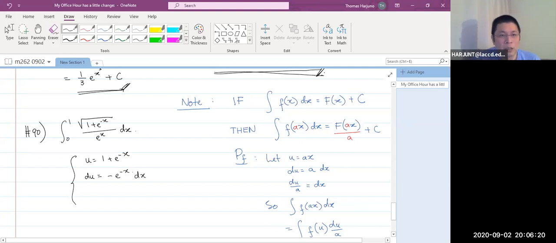But this basically means I can substitute dx over e to the x, that is, e to the negative x dx, as negative du. Right? The product of these two is the same as this.